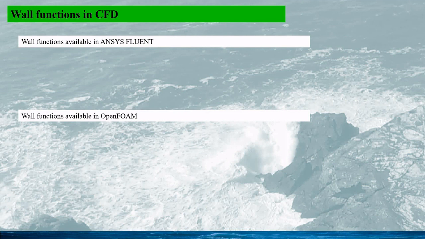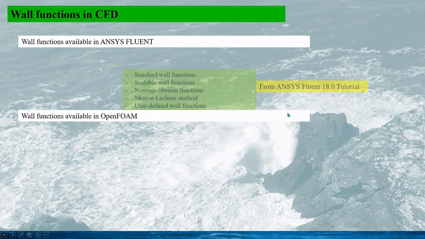We have talked about the basics of the turbulent boundary layer, and this could provide the standard wall functions for CFD applications, such as the commercial software ANSYS Fluent, and the open source OpenFOAM.